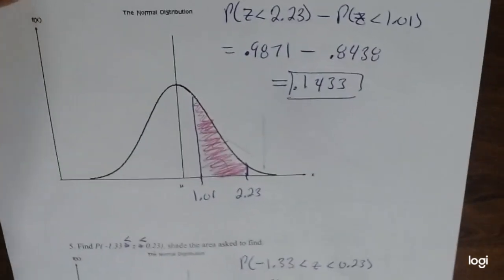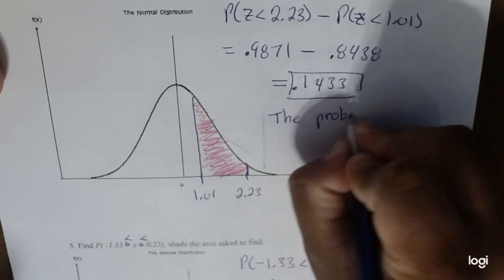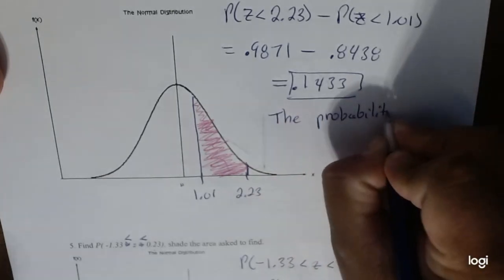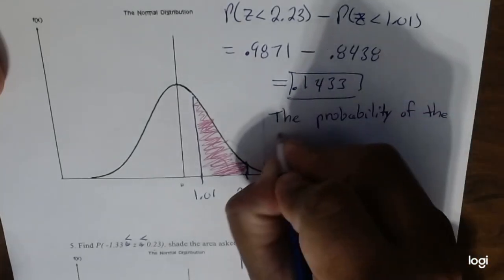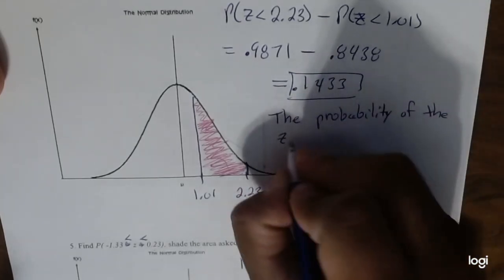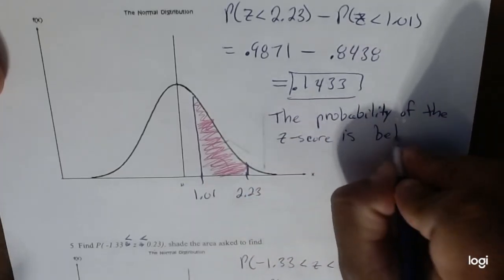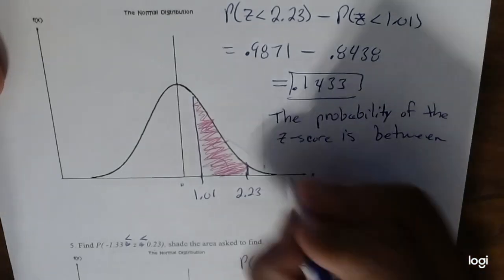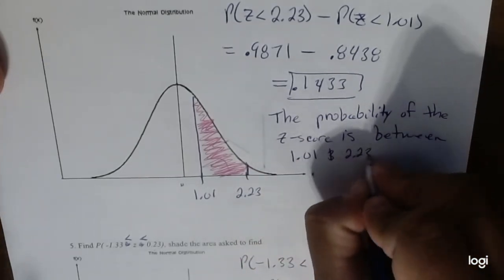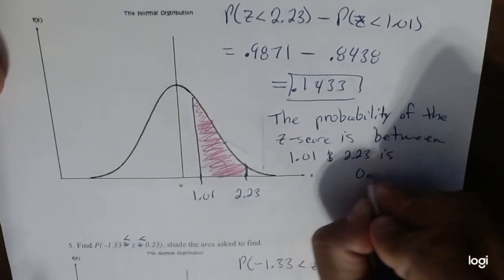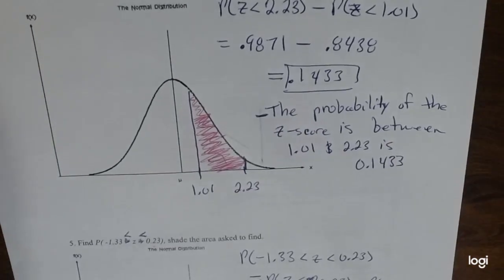We could say the probability, because we asked for probability, of the z-score being between 1.01 and 2.23 is 0.1433. That's how I interpret these numbers.